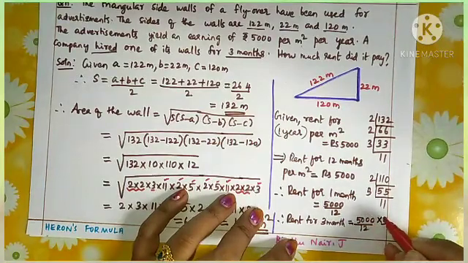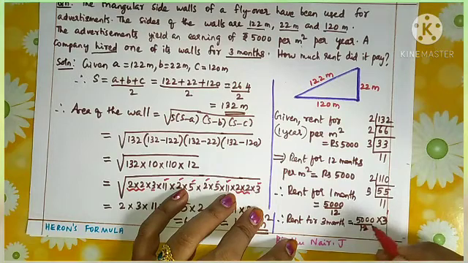Here 1 3 is 3, 4 3s are 12. Okay, yes. And here again calculate 2 2s are 4, 2 2s are 4, 5 2s are 10, 0, 0.